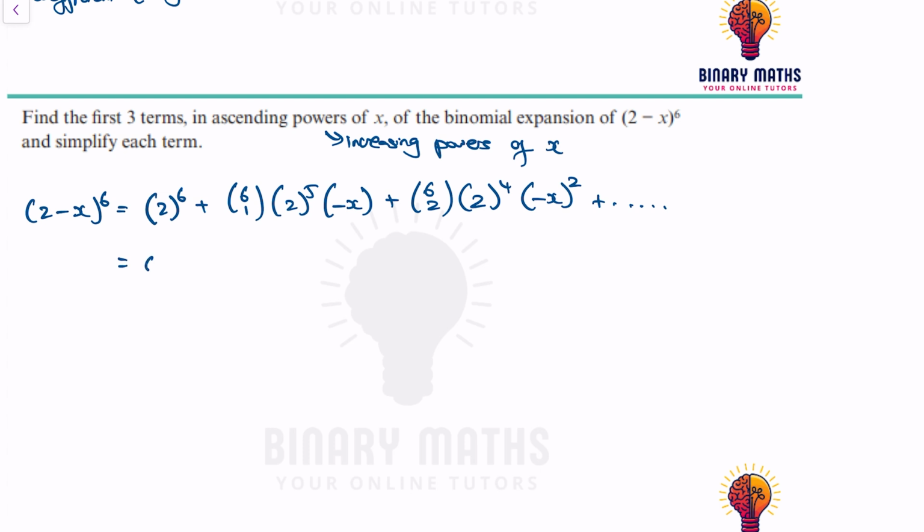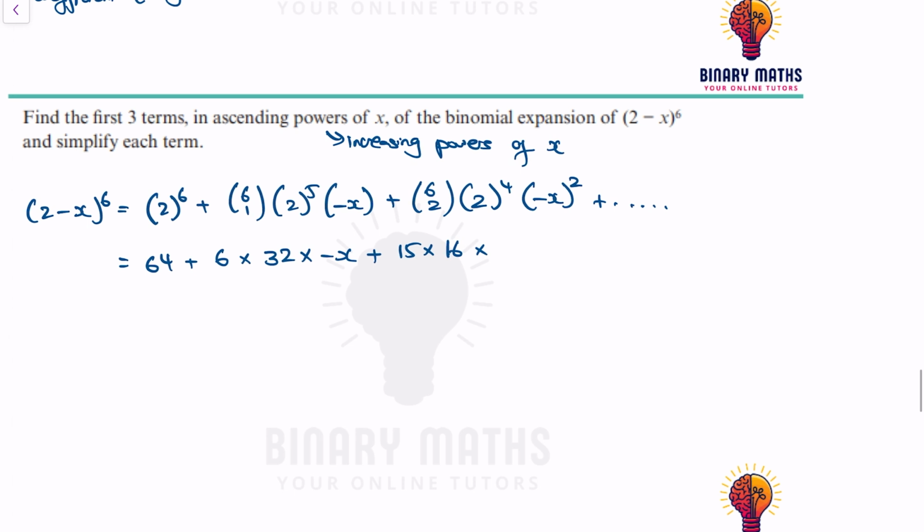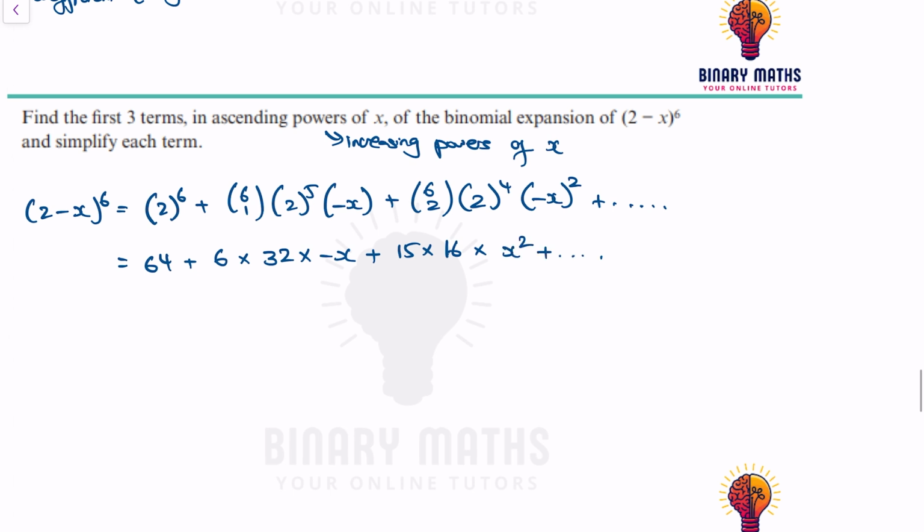2 to the power of 6 is 64, plus 6 choose 1 is 6, times 2 to the power of 5 is 32, times minus x, plus 6 choose 2 is 15, times 2 to the power of 4 is 16, times negative x all squared is just x squared. 64 is the first term. 6 times 32 times negative x gives me minus 192x, plus 15 times 16 times x squared, which is 240x squared.